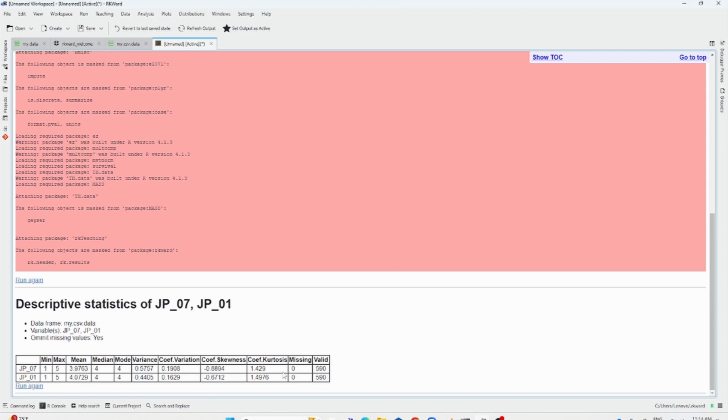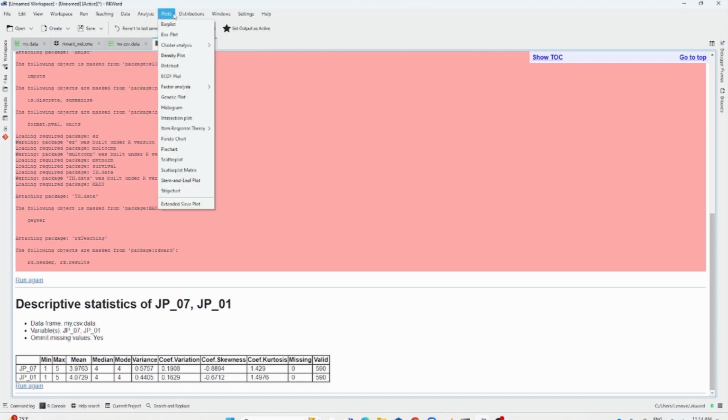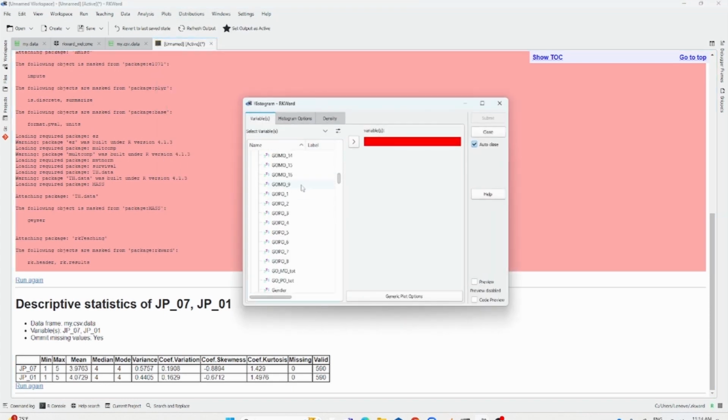Now, what does that mean? Let us see the histogram. So, we go to plot, histogram, and let us see JP01.